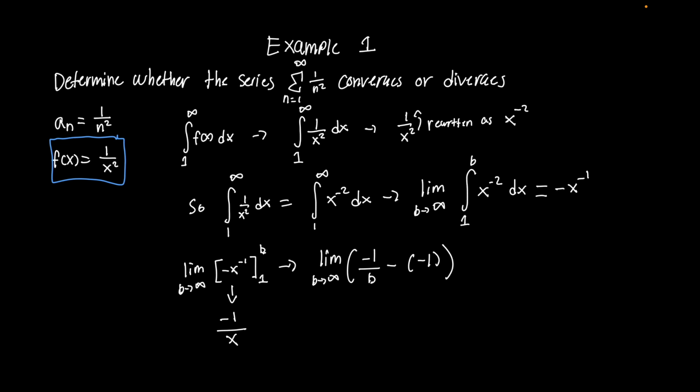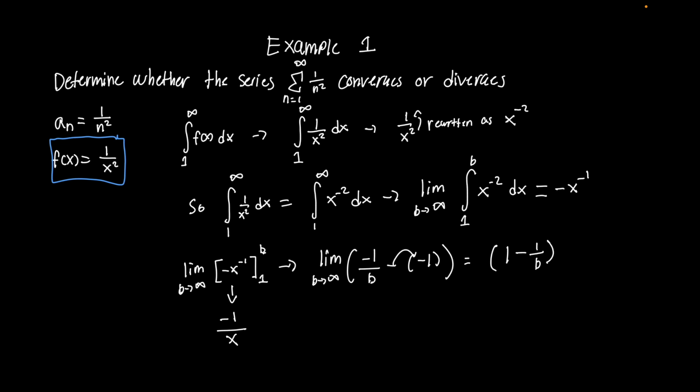So let's just factor this negative sign in. Since it's a positive 1, I'm going to move this to the front, it makes it cleaner, so 1 minus 1 over b.